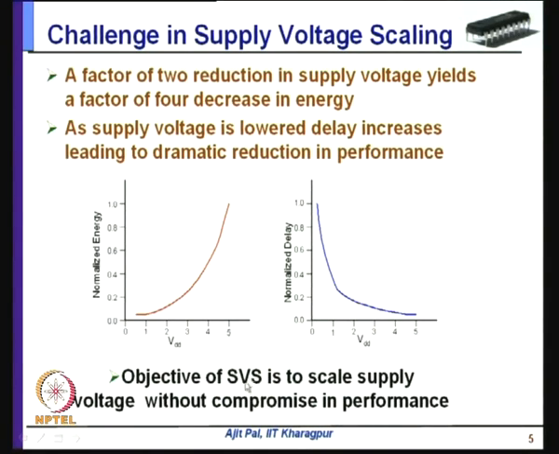It means that we can reduce the power dissipation by reducing the supply voltage, but that leads to an increase in delay. In other words, performance degrades. So, the challenge is that we shall reduce the power dissipation without compromising performance. That is the challenge. So, the objective of supply voltage scaling is to scale supply voltage without compromising performance. That is the basic idea of supply voltage scaling techniques used for achieving low power.